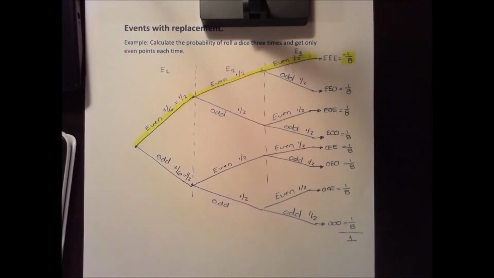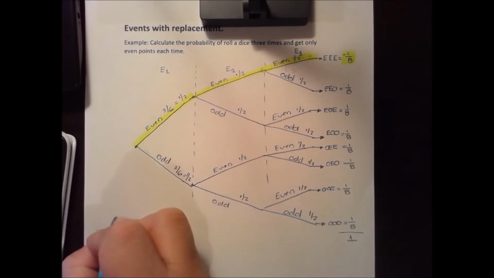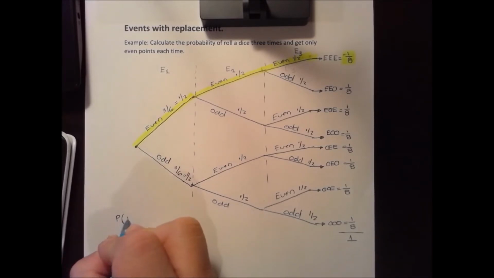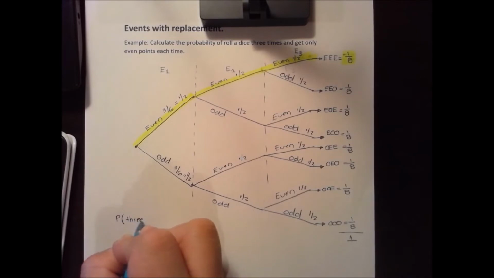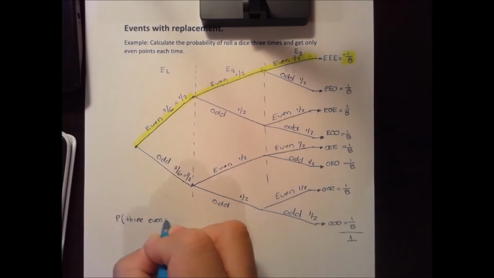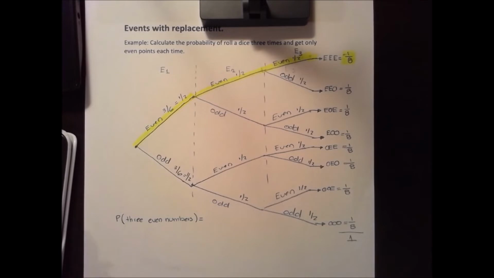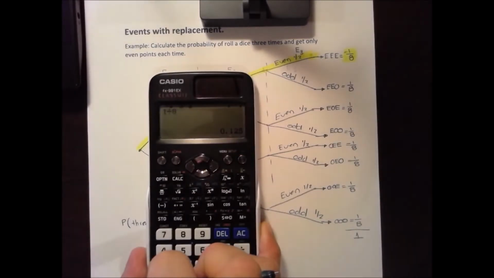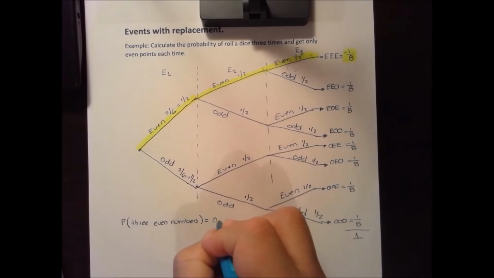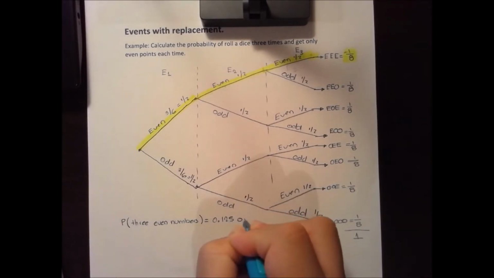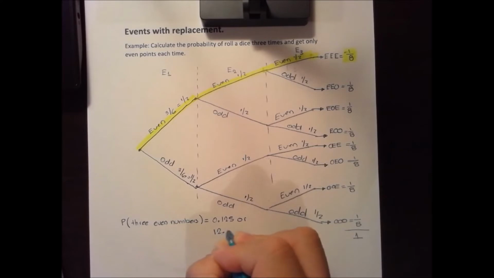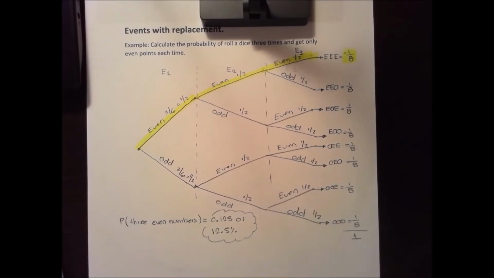The probability to have 3 even numbers will be 1/8. That is, as you can see, 0.125, or if you want to say 12.5%.